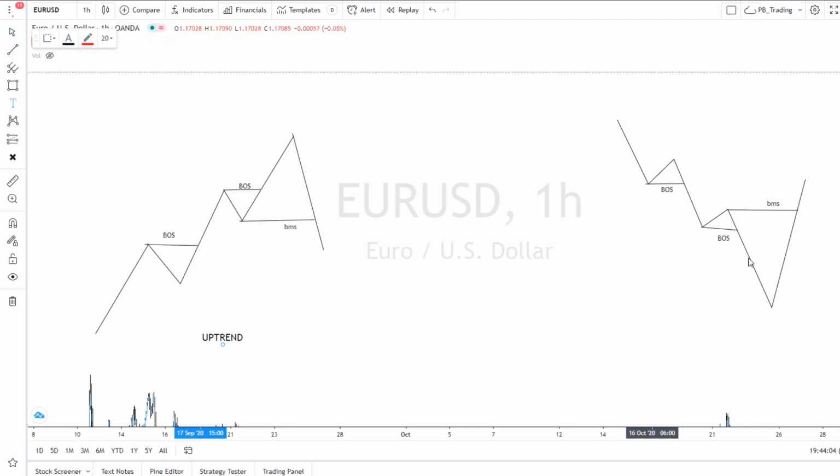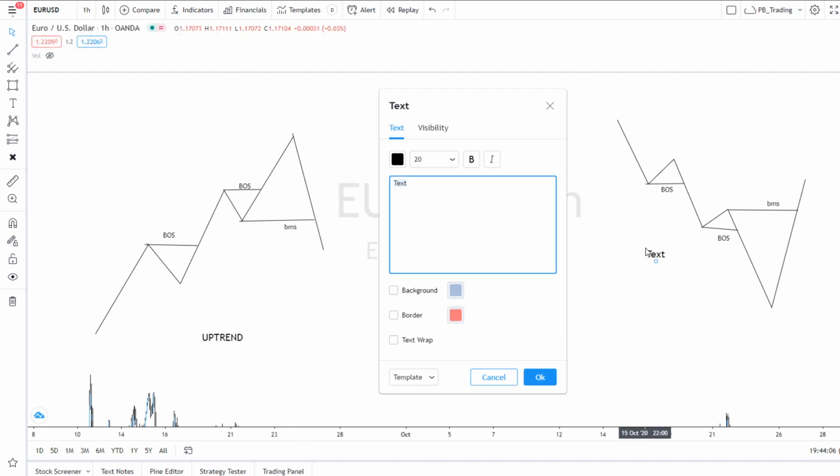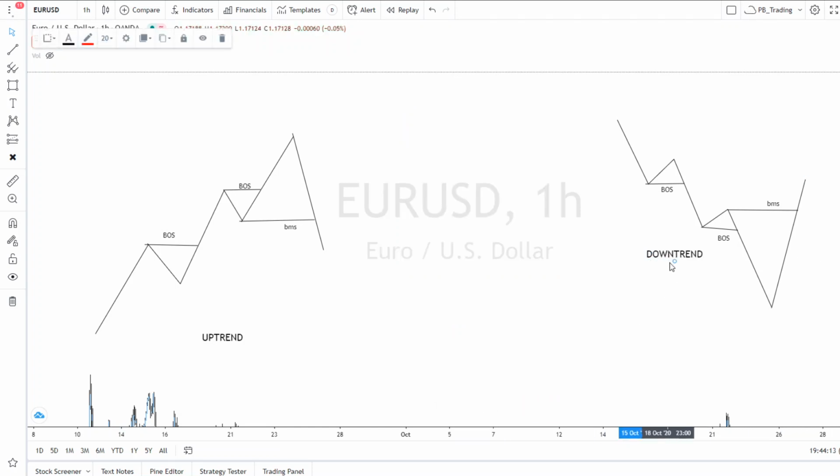And if we have this here, we are looking at a downtrend because price is making lower lows and lower highs. So we have a downtrend here, then we have an uptrend here. As far as price is making higher highs and higher lows, we term the structure of the market as bullish. The market is having a bullish structure.